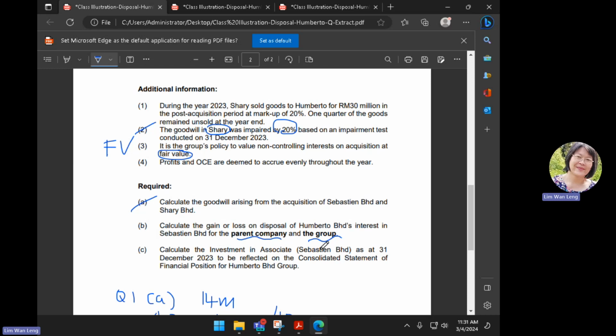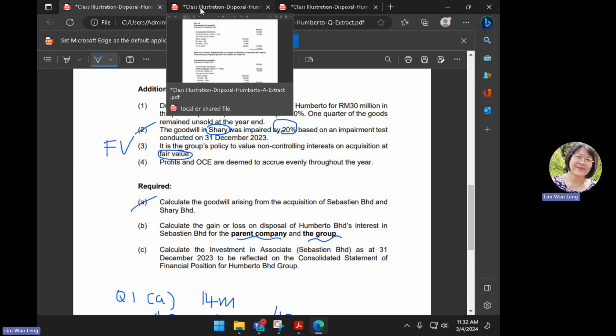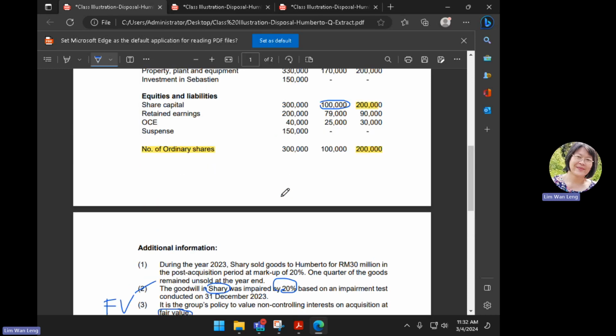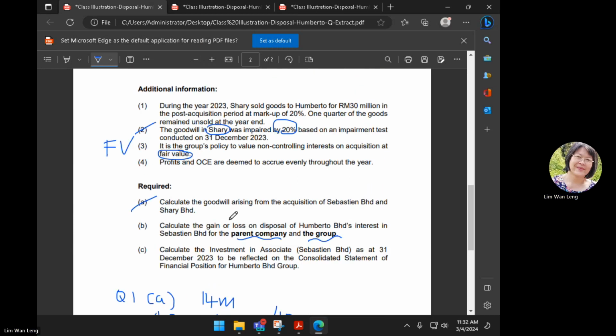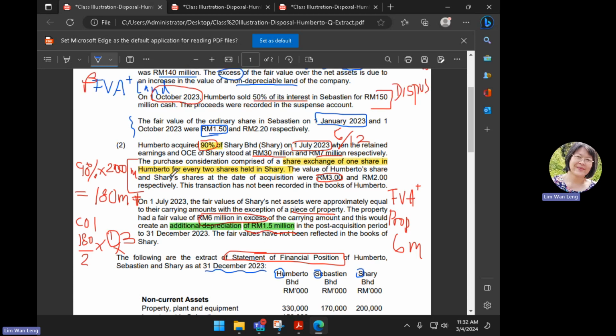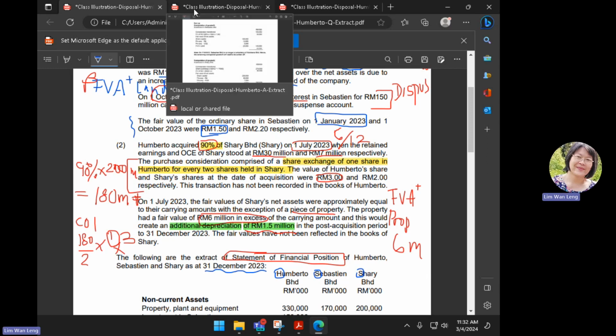So that means entity financial statements of the parent and the consolidated financial statements. So you have to go and calculate gain or loss on disposal, which means what? Which pro forma you're supposed to use? You use the pro forma that says full goodwill.